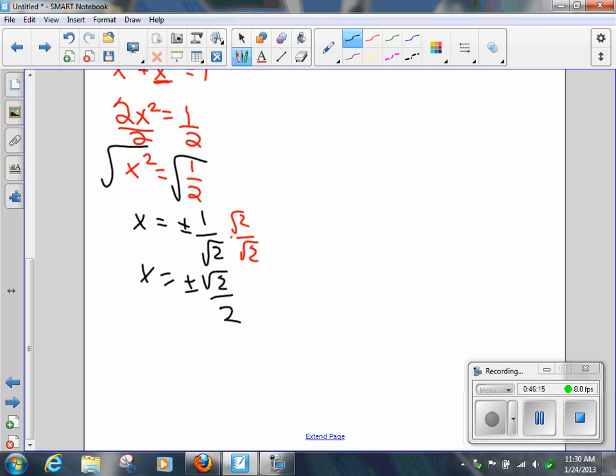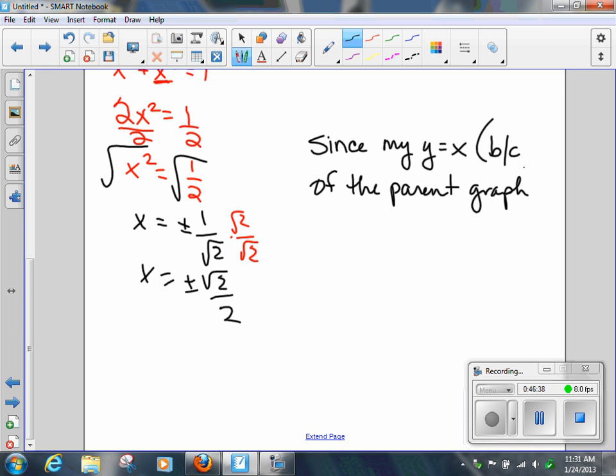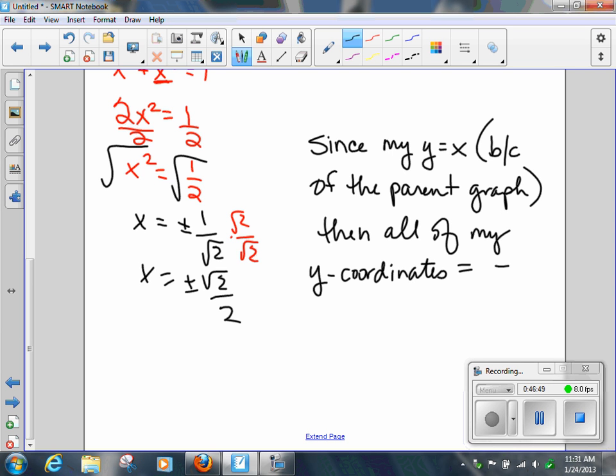Are my x's equal to my y's? Yes. So what will my y values be? The same thing. Since my y equals x because of the parent graph, then all of my y coordinates equal plus or minus root 2 over 2.